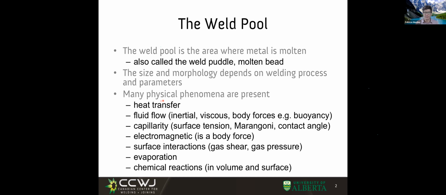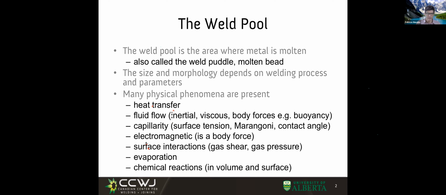And in this class, and in the research we do in the lab, we're trying to understand that way beyond the simplicity of aerodynamics and associated things. So what we see in the weld pool: we see heat transfer, we see fluid flow, we see capillarity, the effect of surface tension. We see electromagnetic effects, and we have already talked plenty about the jet in the plasma or the pinch force in droplet detachment.